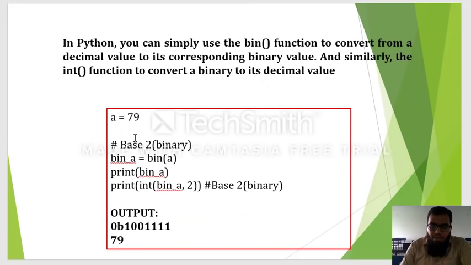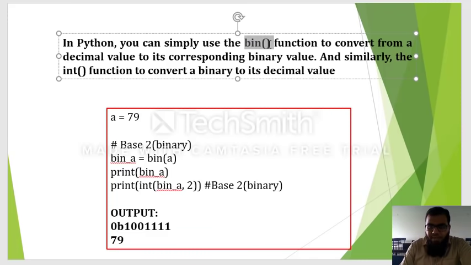Now in Python, if we want to convert a binary number into an integer, or an integer into a binary number, there are some methods through which we can convert any number into binary or decimal. If you want to convert any number into a binary number, we can use the function bin.